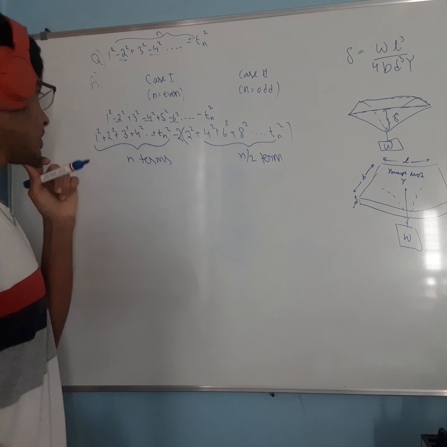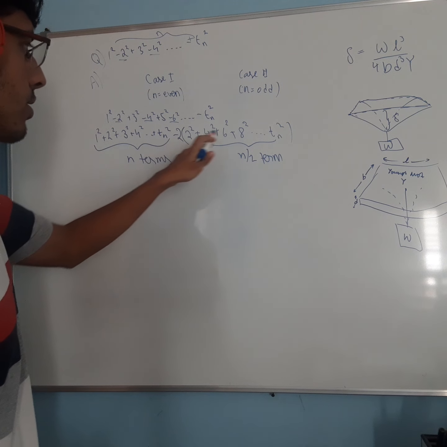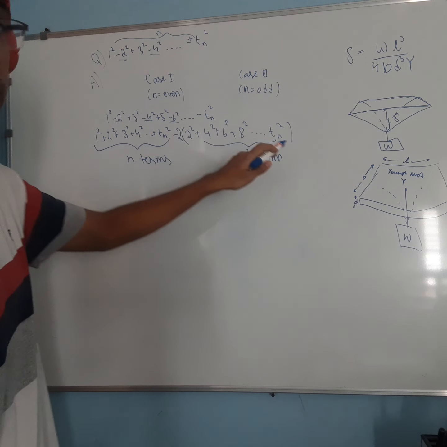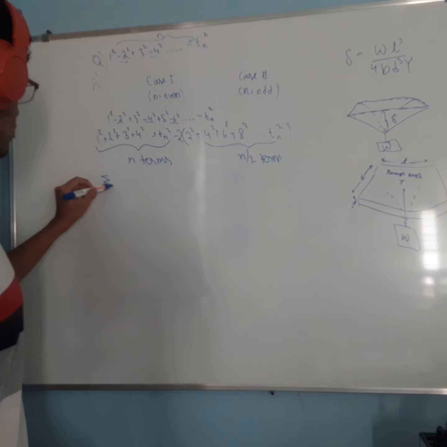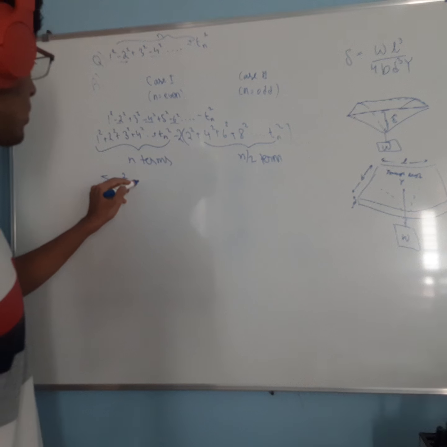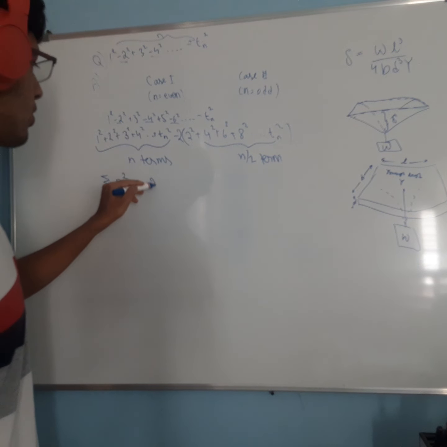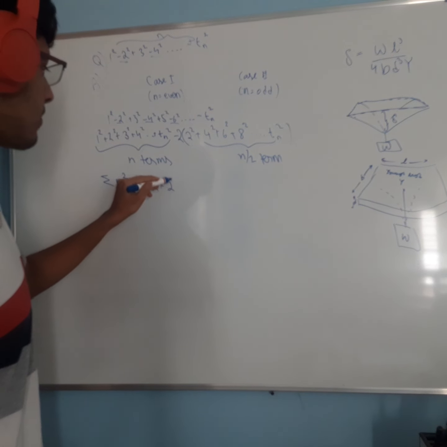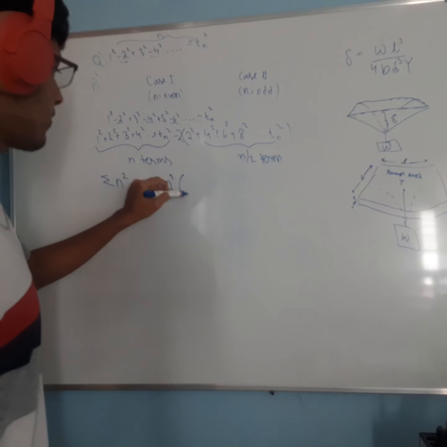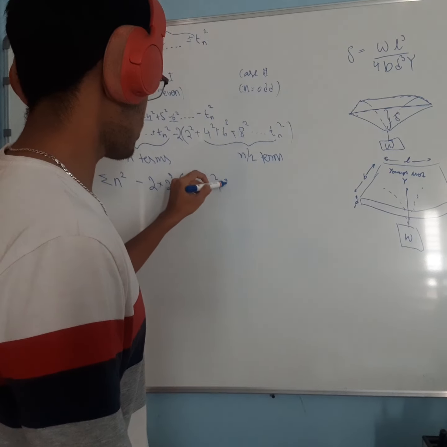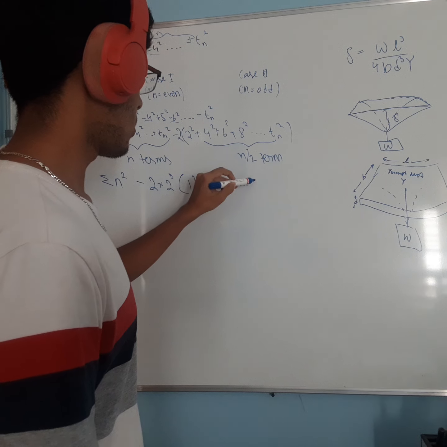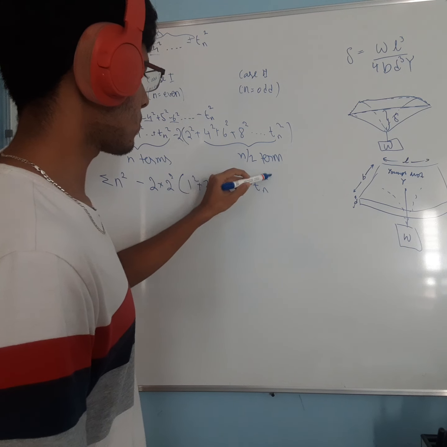And the thing is, I can see that there's a 2 square common in all of them. So I can write this as summation of n square minus 2 times 2 square, because I can see a 2 square common in all of them. And this is basically 1 square plus 2 square plus 3 square up until tn square.